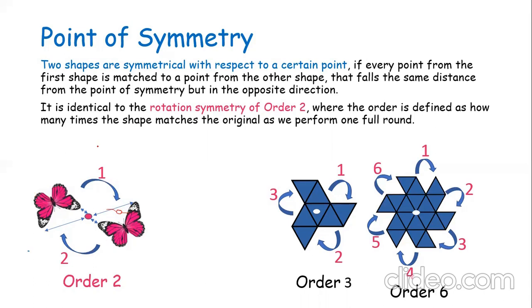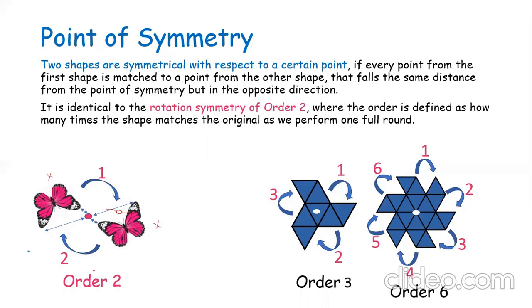So this is the first time the shape matches itself by rotation. Now, in order for the first butterfly to return to its original position, because as we said, after the first rotation it falls here, we need to return it back to its original rotation.